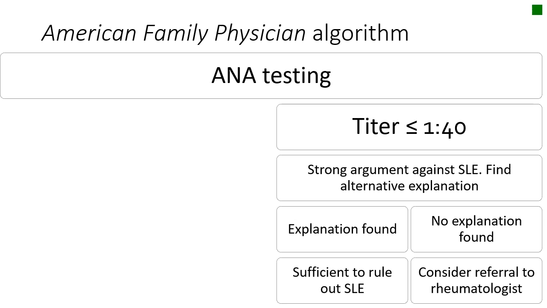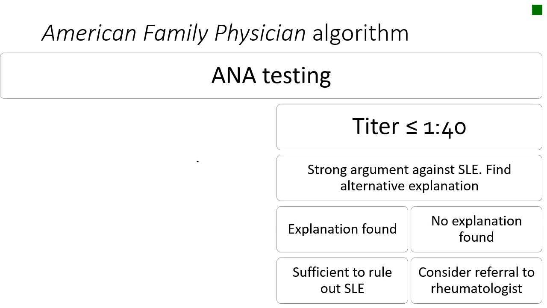Now let us see what the American Family Physician journal has to guide us. What it says is that if the titer is less than 1:40, then there is a strong argument against SLE. In our case, of course, the ratio is much higher. So we will retain this condition and see what guidelines have been provided by this publication.